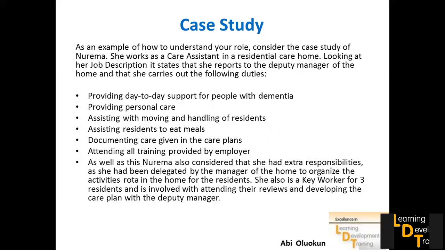And Norema also considers that she has extra responsibilities. She has been delegated by the manager of the home to organize the activities rota in the home for the residents. She's also a key worker for 3 residents and is involved with attending their reviews and developing the care plan with the support of the duty manager.